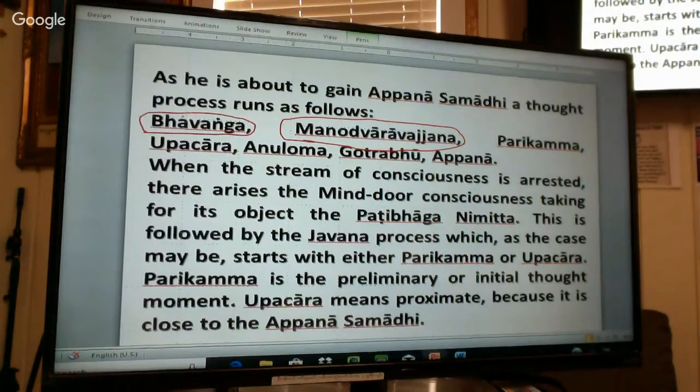At that time, there is another kind of name: sense sphere consciousness. Parikamma, upachara, anuloma, and then gotrabhu. These four kinds of mind have different names, but you need to understand this is sense sphere consciousness.